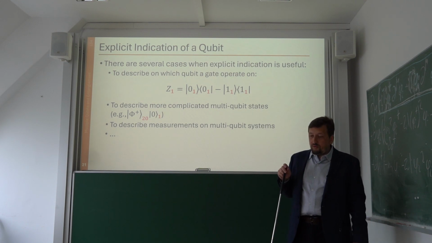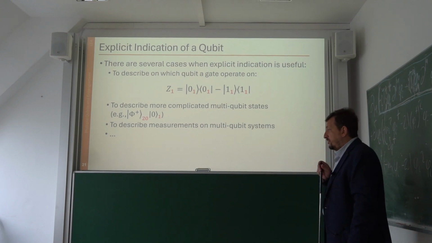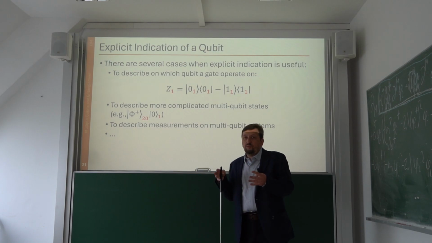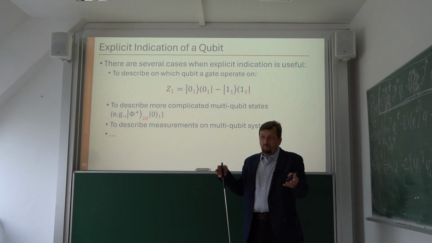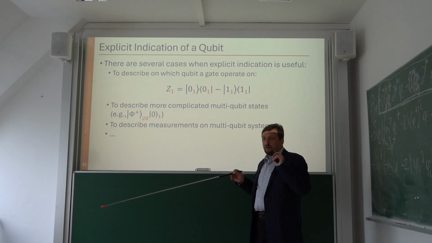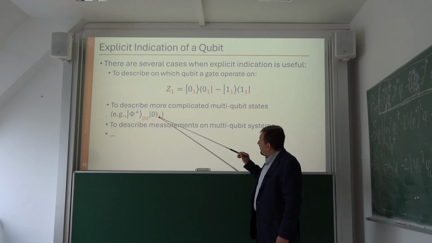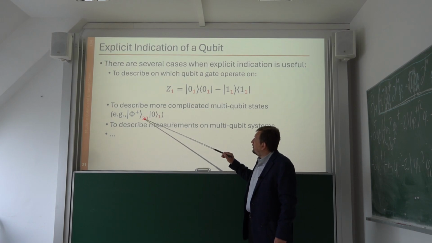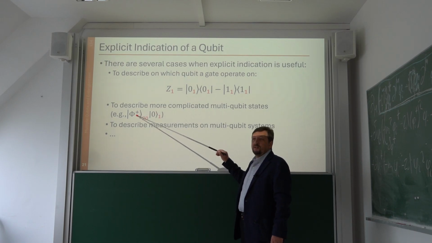These explicit notations are also convenient when we want to write some complicated multi-qubit states. For example, like this notation. Here I have 3 qubits. Qubit number 1 is in state 0, and qubits number 0 and 2 are in a so-called Bell state that we will study in detail next lecture, phi plus.